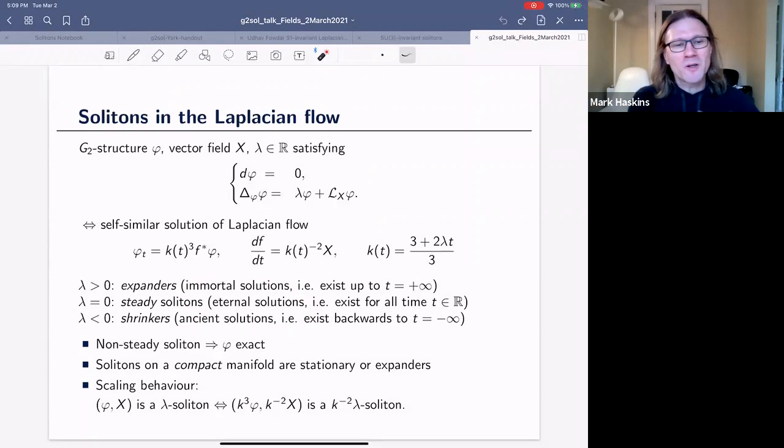Typically there are some other blow-down procedures that, in one of these other situations, would also associate to them some soliton at infinity that may be kind of degenerate. But no, a number of basic things that are known in mean curvature flow and Ricci flow are still unknown in Laplacian flow.